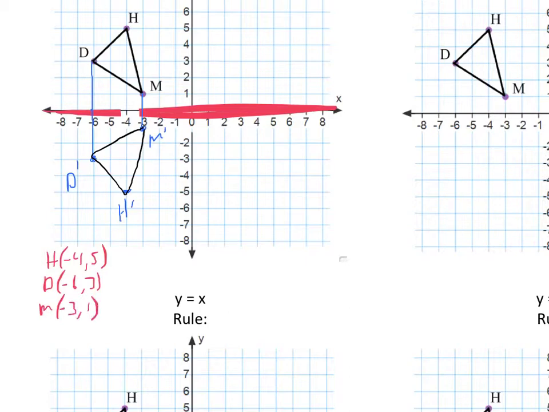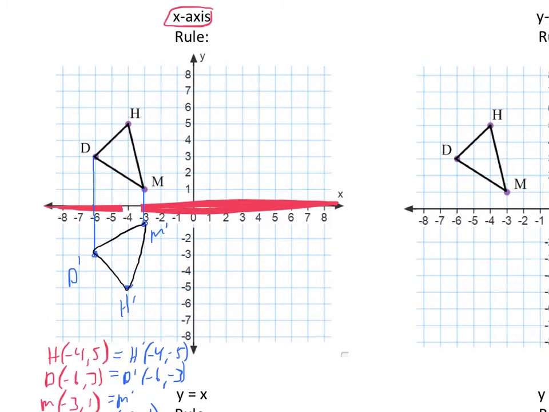Now let's look and see where the images went to. H prime is -4, -5. D prime is -6, -3. And M prime is -3, -1.